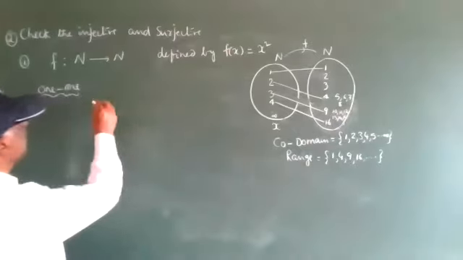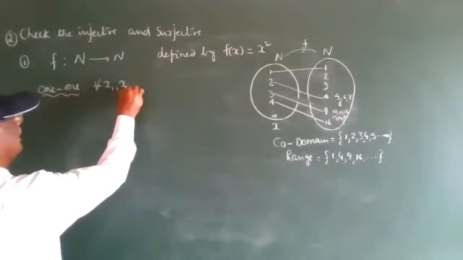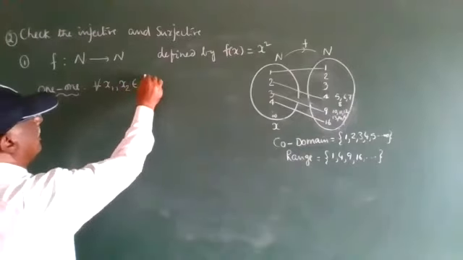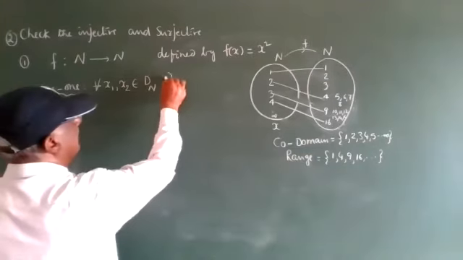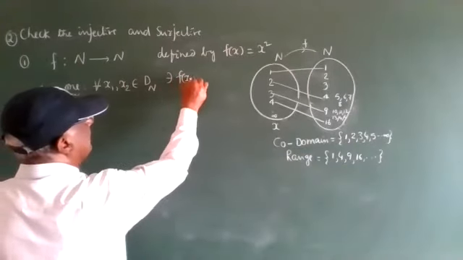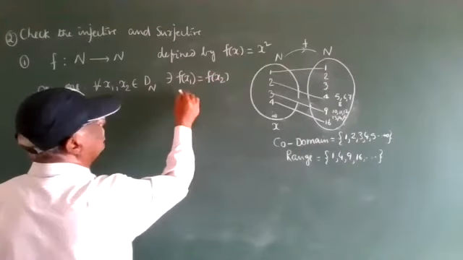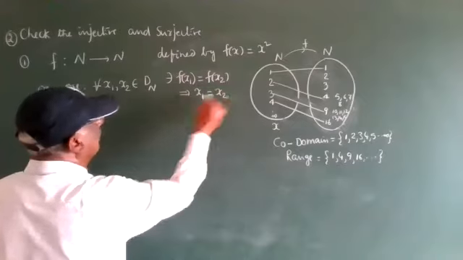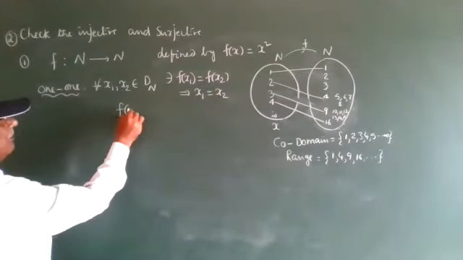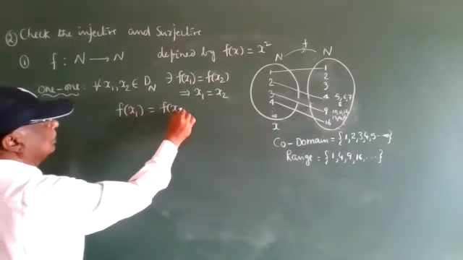I will write it in terms of symbols. For all x1, x2 belonging to the domain, natural numbers, such that f of x1 is equal to f of x2, we have to show that x1 is equal to x2. Now write f of x1 is equal to f of x2.